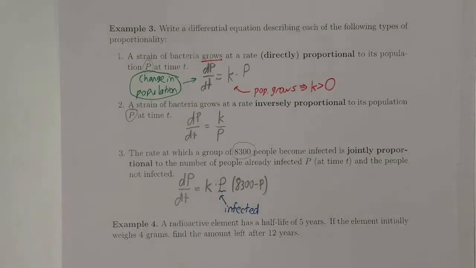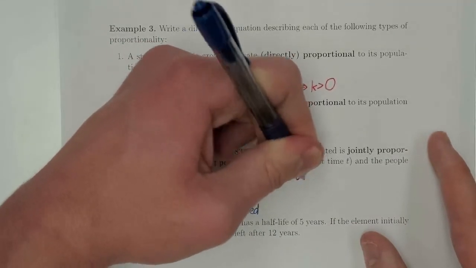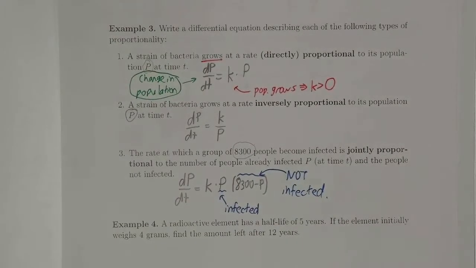And then this is not infected. So that's example 3 in general. Any questions on any of that?